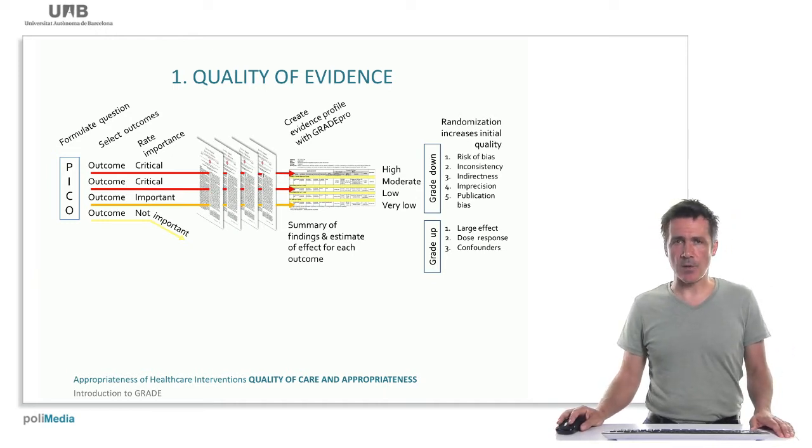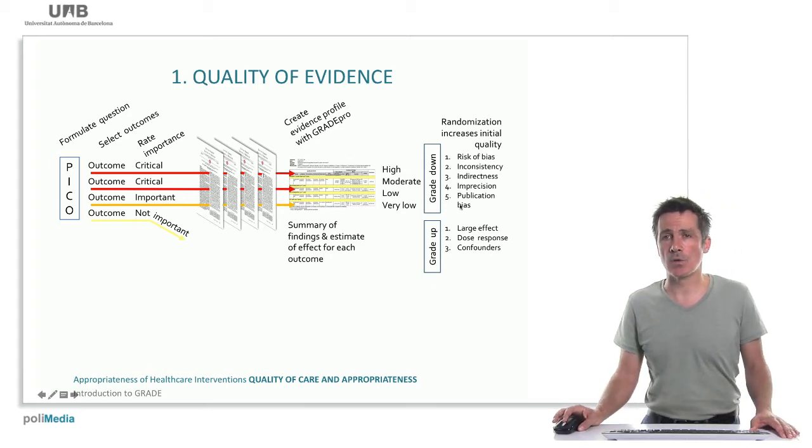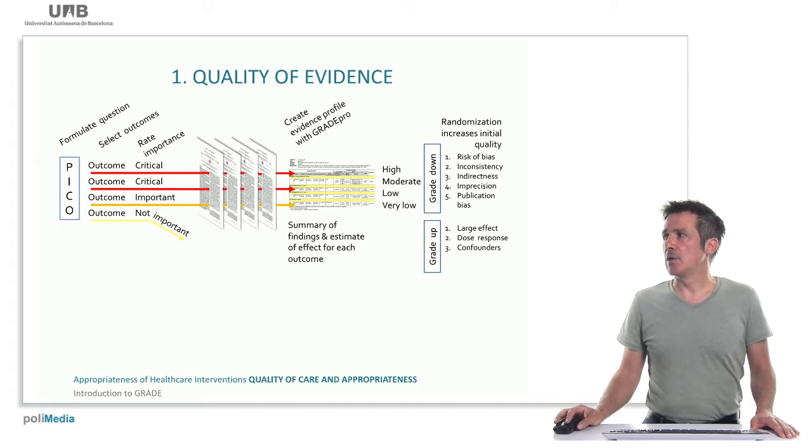In the case of randomized controlled clinical trials, per outcome first, we have to decide whether our confidence or quality is really high, or if there are any concerns about the different factors: risk of bias, inconsistency, indirectness, imprecision, and publication bias, and I will be talking about those in a minute. So those are the factors that will decide upon the quality of the evidence.